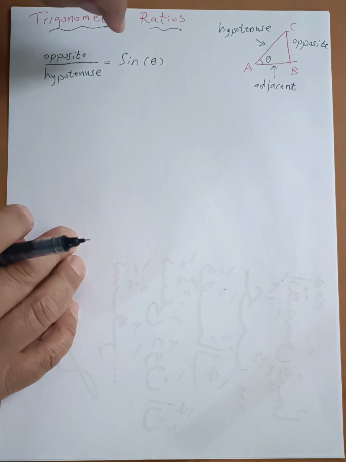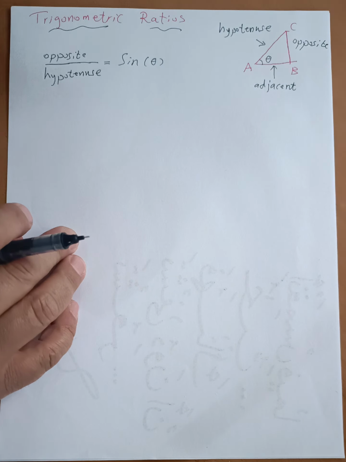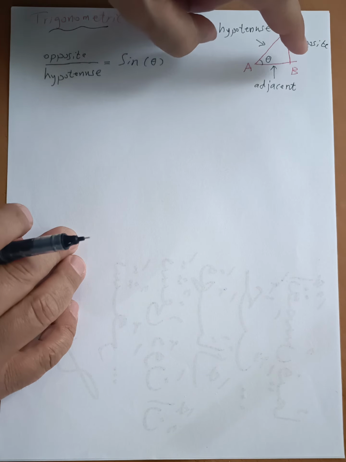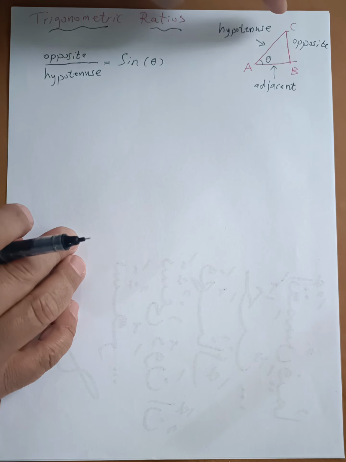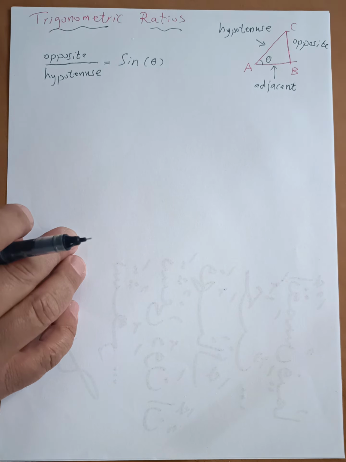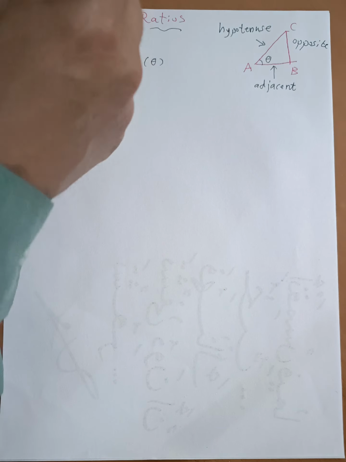I mean sine theta equals the length of the opposite side divided by the length of the hypotenuse of the triangle. This is sine theta.